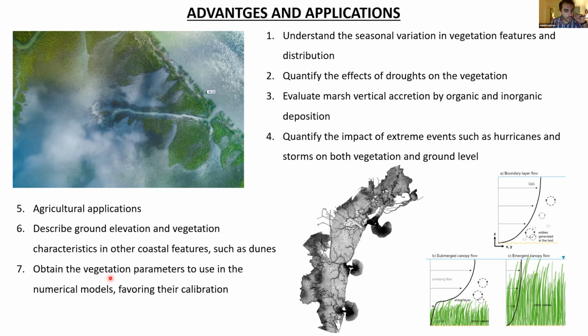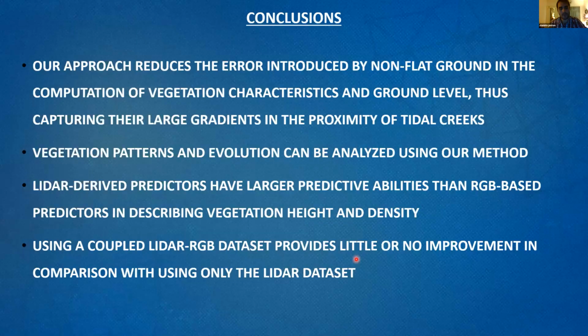And then it can be used to compute some numerical observation using numerical models and basically to calibrate what is going on in the marsh. So we can use this data to see this is the vegetation we have in this area. We will use these with these parameters.